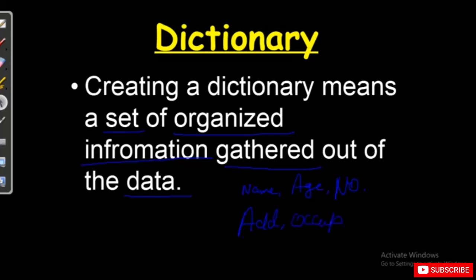So these are the things that we are having, and this is the kind of dictionary we are going to form. We are not going to form a dictionary of A for apple, B for ball, and that kind of thing. Well, you can create that one too, but we are not going to create that here. So this is the kind of dictionary, the organized information out of the data that is gathered, and that is the dictionary itself. We are going to see that in the practical one.